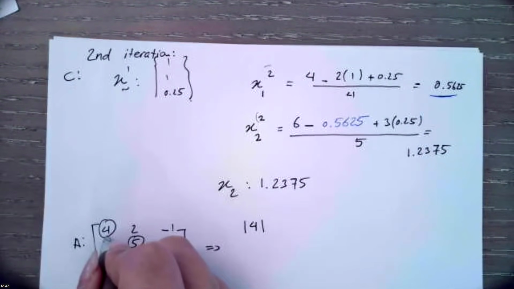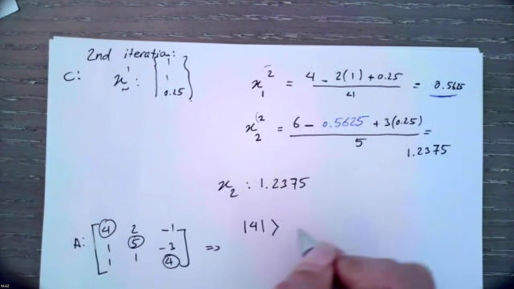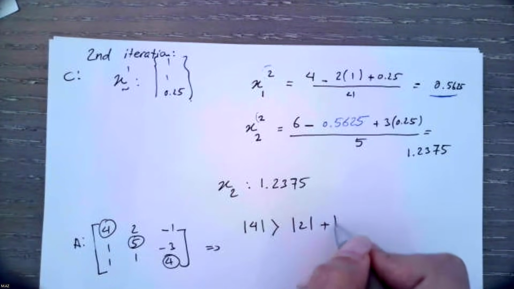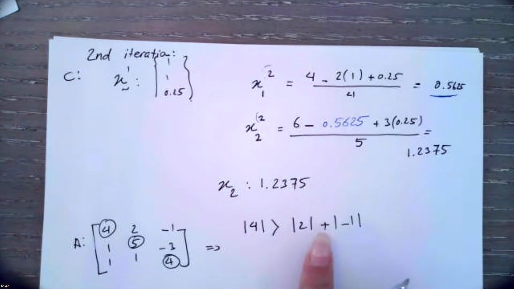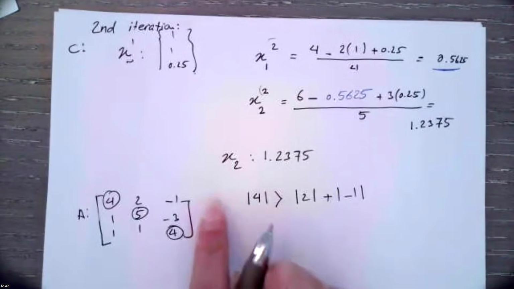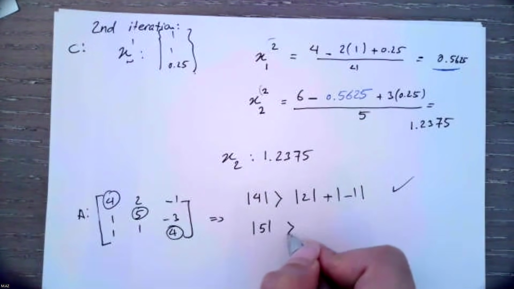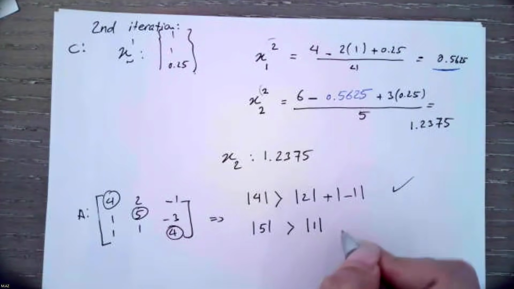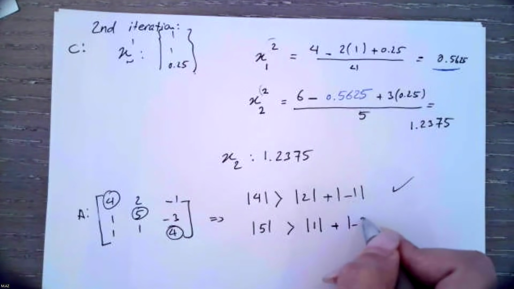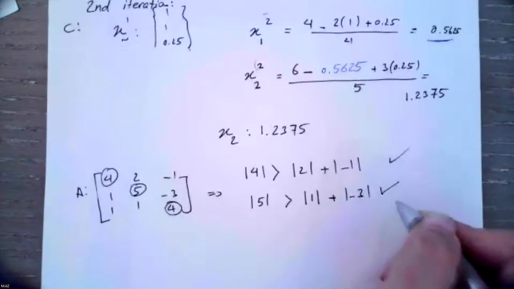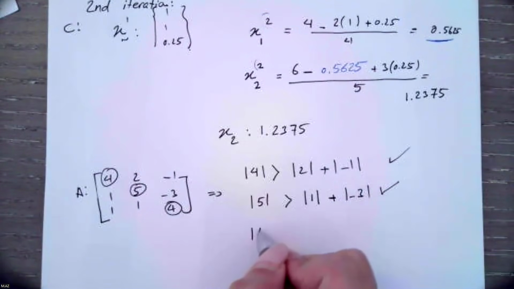The absolute value of the 4 should be larger than the summation of the absolute values of the other components. This is also larger.